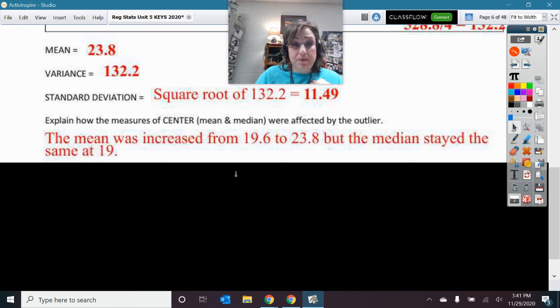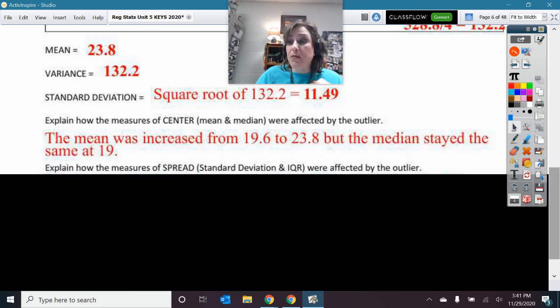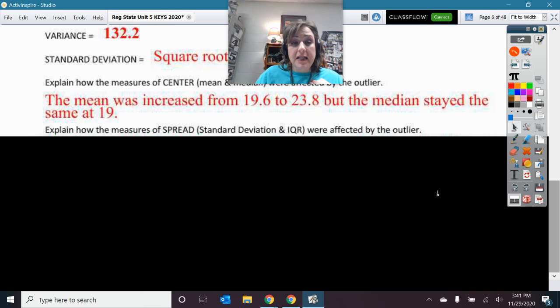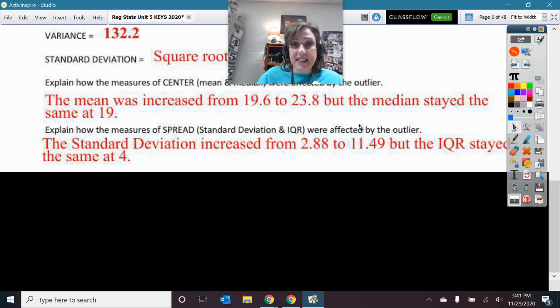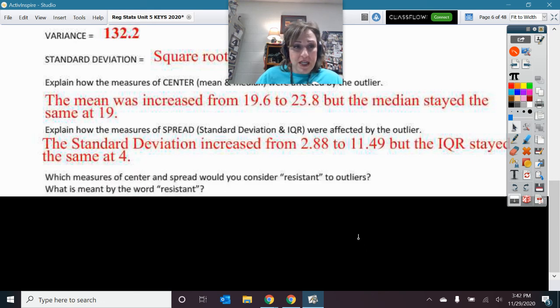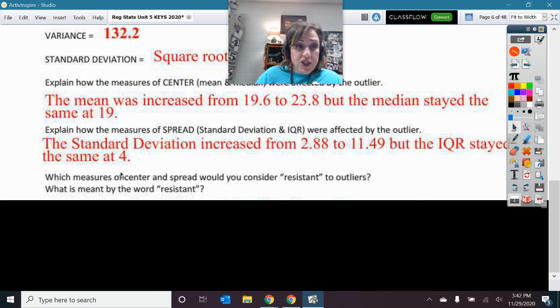How about the measure of spread, the standard deviation and the IQR? Well, again, that average distance from the mean went up a lot because you had that outlier, but the IQR stayed the same. So, which measures of center and spread would you consider resistant to outliers?